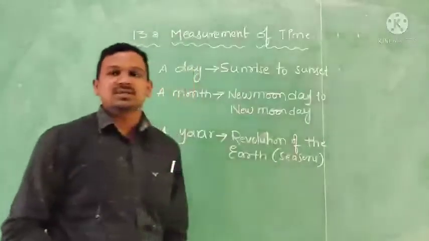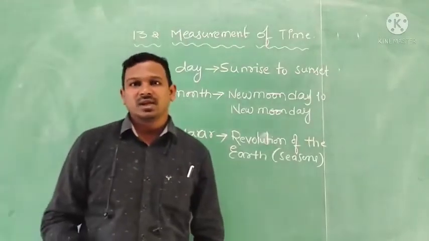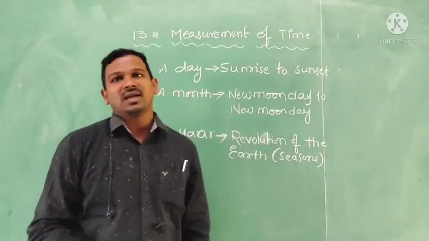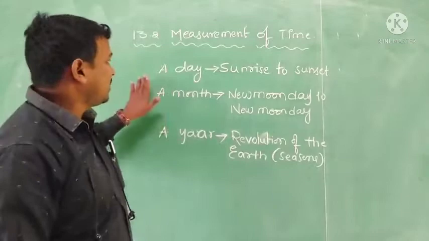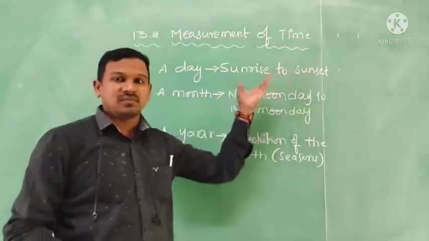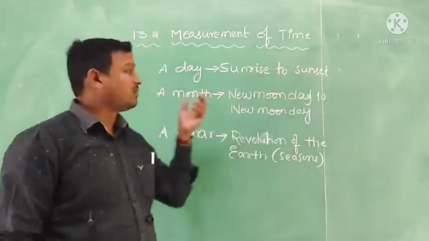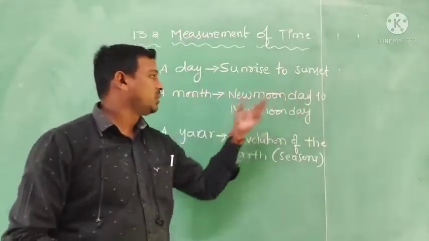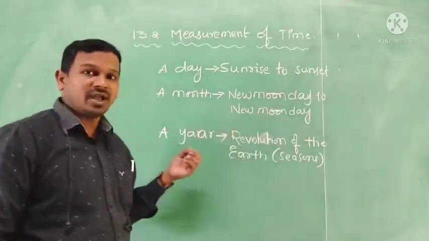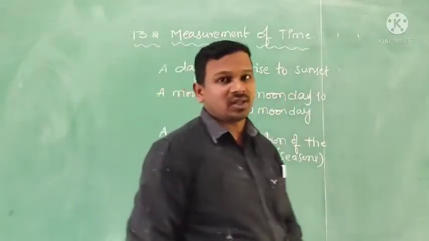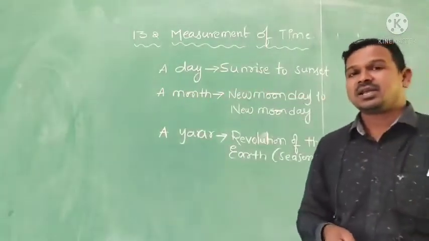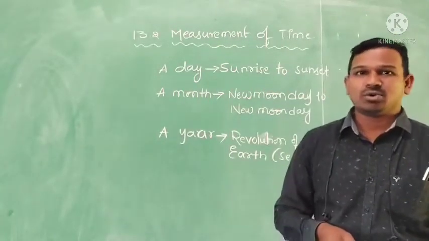Based on the seasons, they decide whether the year is completed or not. So ancient people would say: for a day, sunrise to sunset. For a month, new moon day to the next new moon day. For a year, the revolution of the earth around the sun, like seasons. With the help of the seasons, they tell about the years.